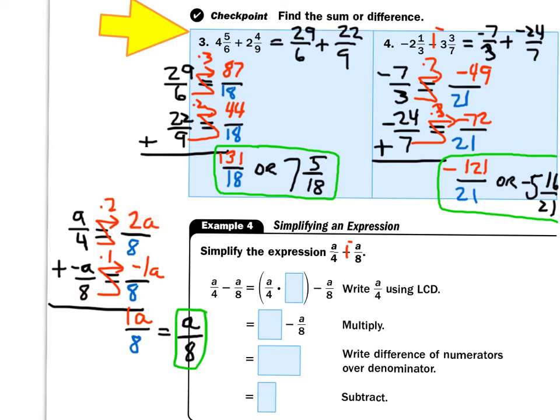Okay, go to the 8. 8 goes into 8 one time, bring that upstairs. Negative a times 1 gives me negative 1a. And now I just add the numerators. 2a plus negative 1a gives me positive 1a over 8. Well, remember, this 1 is like that giant invisible 1, so you can let it disappear and just write your final answer as a over 8, and you're done.